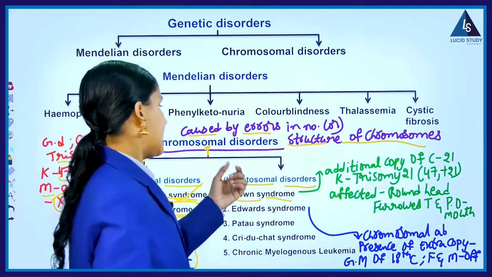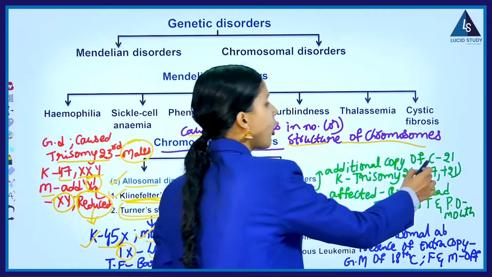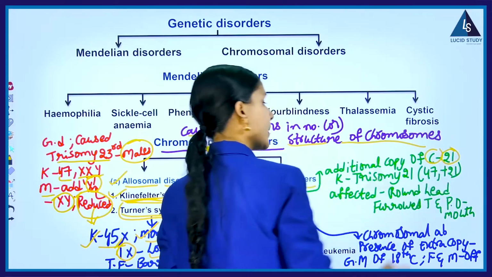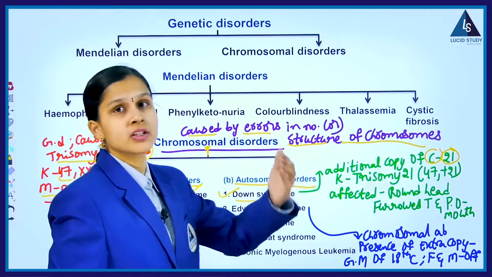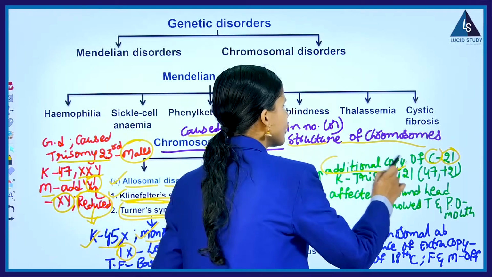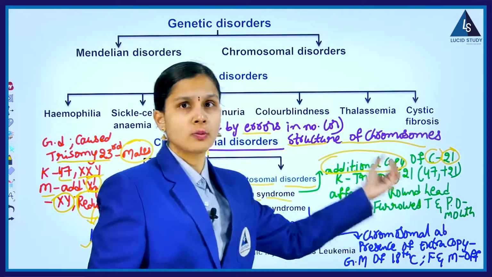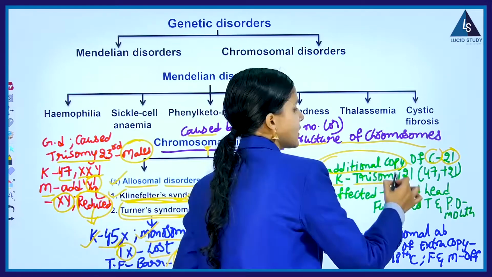Down syndrome is usually caused because of an additional copy of chromosome number 21. Because of the additional copy of this chromosome, Down syndrome is usually caused. And the karyotype is trisomy 21.